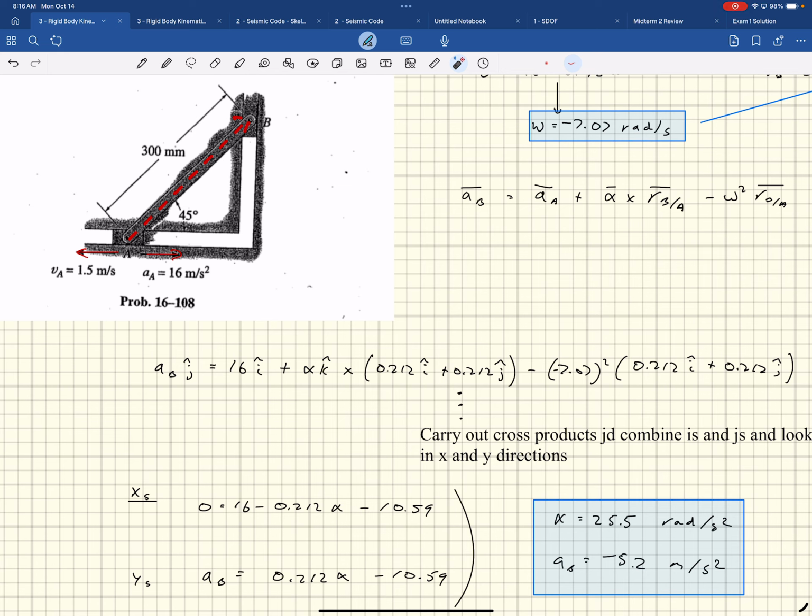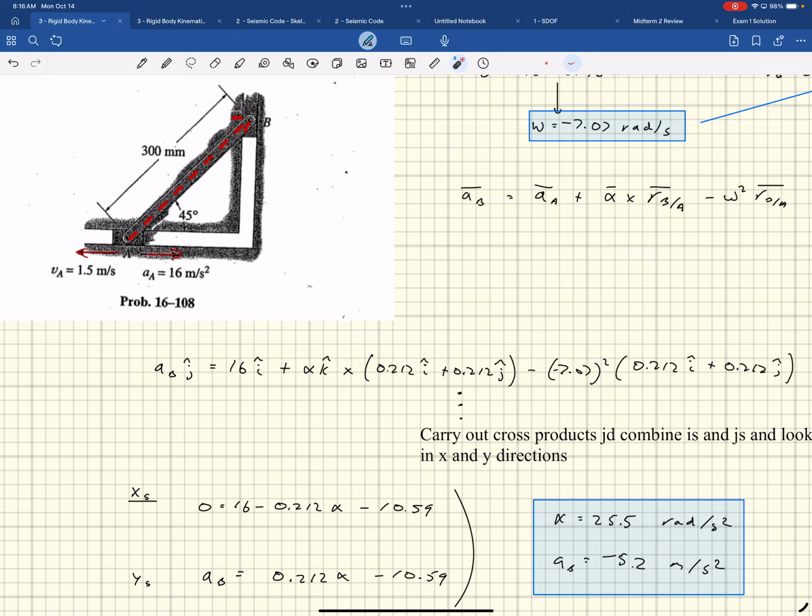Right off the get go, this thing has an acceleration to the right of 16 meters per second squared. And so my intuition would say this thing should be accelerating up. If this is accelerating to the right, this should be accelerating up. But did you see what we got? We got this thing accelerating down. What the hell? How is that happening? Well, it's because of that centripetal acceleration.